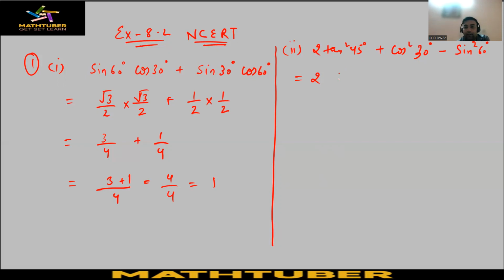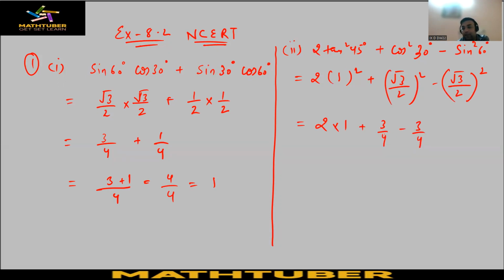So tan 45 degree is 1 and square it, plus cos 30 degree is root 3 by 2 and then square it. Then sine square 60 degree means you have to just put the value of sine 60 degree, which is root 3 by 2, and then square it. So it will be 2 into 1 plus 3 by 4 minus 3 by 4. As you can see, plus 3 by 4 and minus 3 by 4 getting cancelled. So the answer will be 2 here.